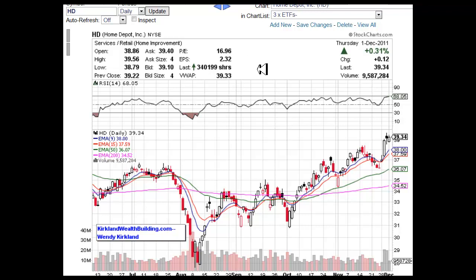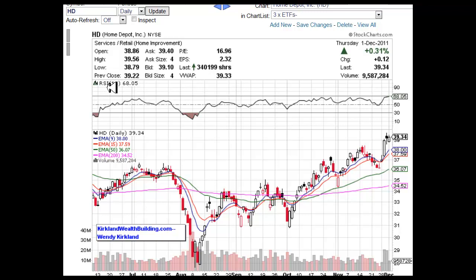When you are creating a stock chart, and that is what you are able to do when you either have a subscription or free charts, whether it be on your platform or at a place like stockcharts.com, you are able to add indicators. And I have just placed one here at the top of the chart.